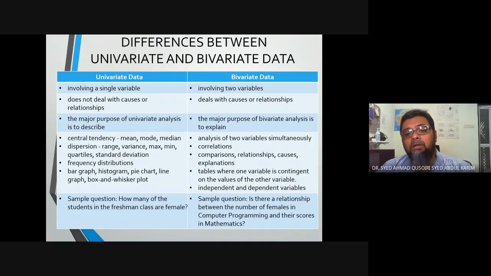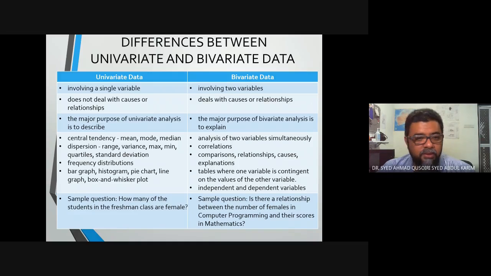We have correlation, comparison, relationship, causes, explanation. We can use tables where one variable is contingent on the values of other variables. And we have independent and dependent variables.